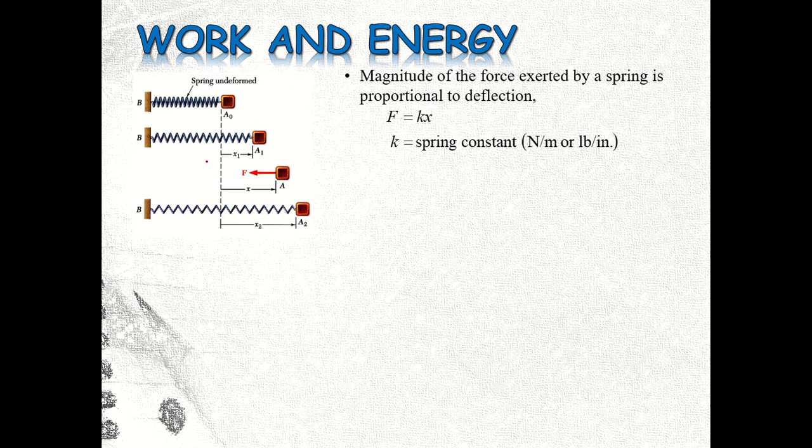All right, so assuming that the spring is stretched and this point moves to A1 with a displacement of x1. Of course, the force applied to stretch the spring produces a counter force that will bring it back to its original position.